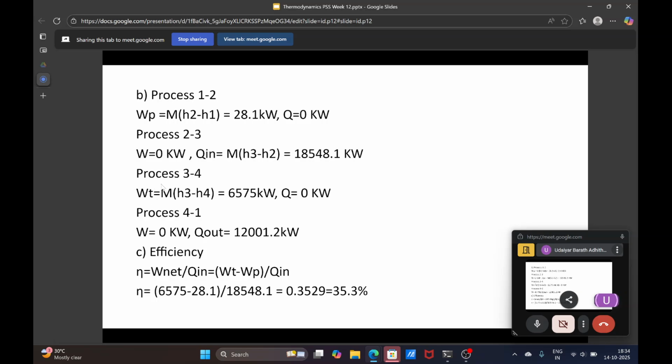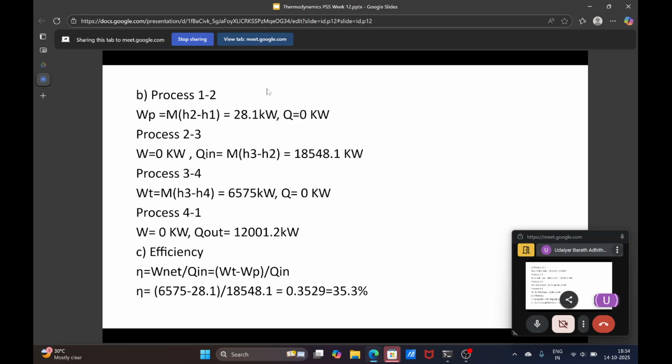And similarly, process 3 to 4, which is the expansion process in the turbine, comes out to be mass times H3 minus H4. We found out both the enthalpies. Substituting, we get work done in the turbine to be 6575 kilowatt.